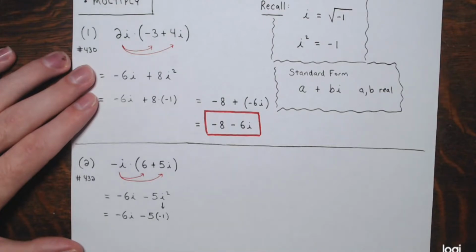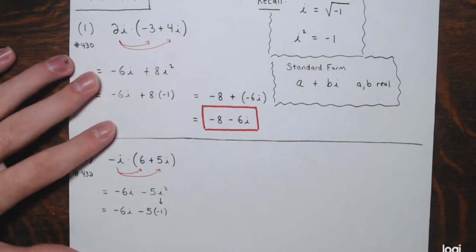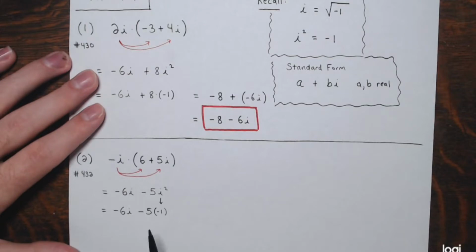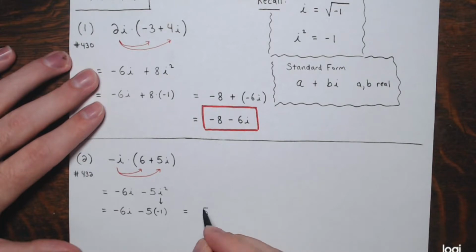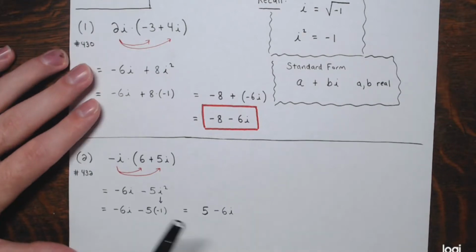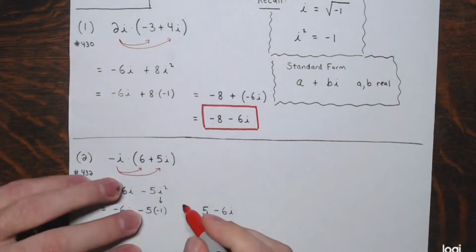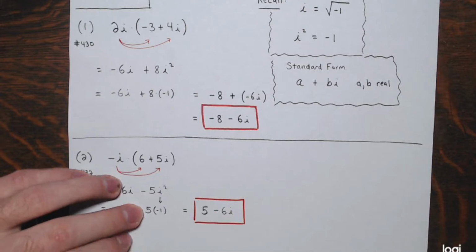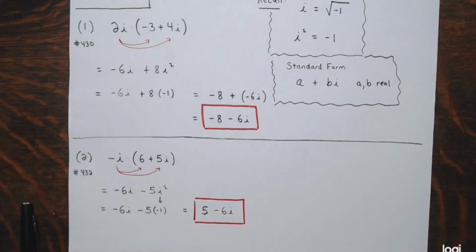You should never leave any powers of i other than i to the first. And then negative 5 times negative 1 is positive 5, right? So that's the real number. And then the imaginary is negative 6i, right? So I end up here with 5 minus 6i as my final result in standard form for a complex number.